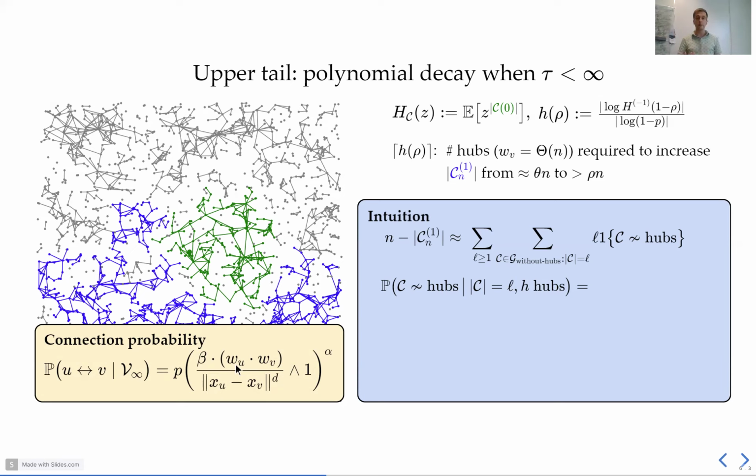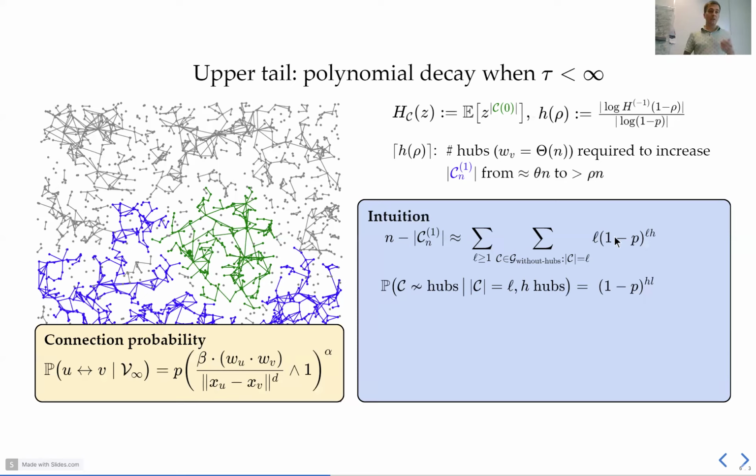They all need to be absent to realize this event. So this is really 1 minus p raised to the size of the component times the number of hubs. So let's approximate this indicator with the expectation, and then this is what we get.